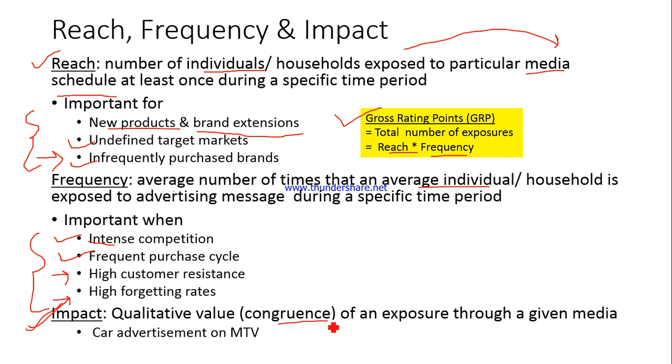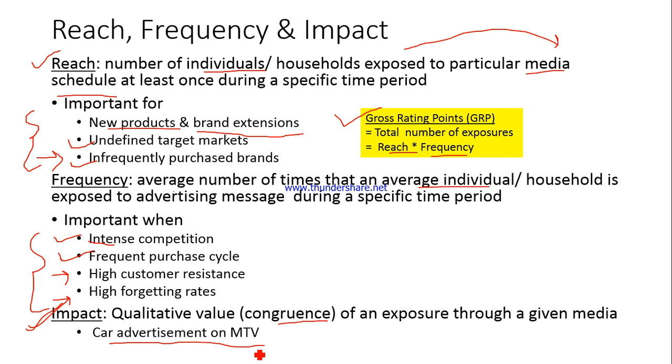Higher the level of congruence, greater would be the impact of your advertising campaign, of your promotion campaign, right? I have taken up this example. Car advertisement on MTV is going to be more impactful because there's a certain amount of congruence between what you are trying to sell, that is the car, and the media through which you are communicating to the prospective customer about your brand, about your car.